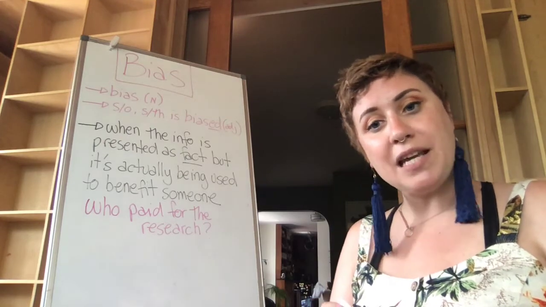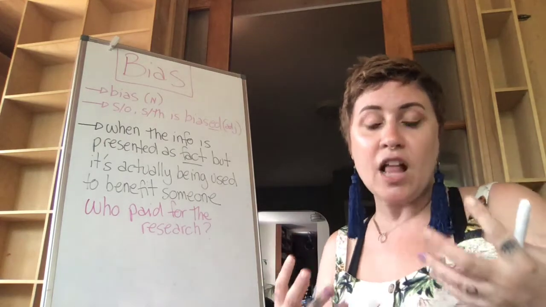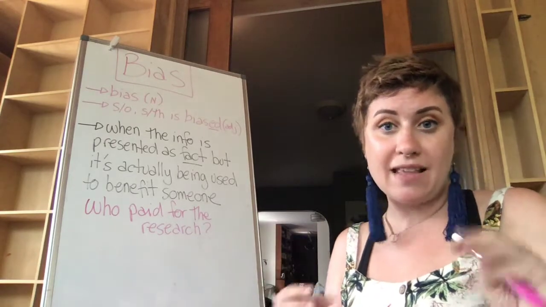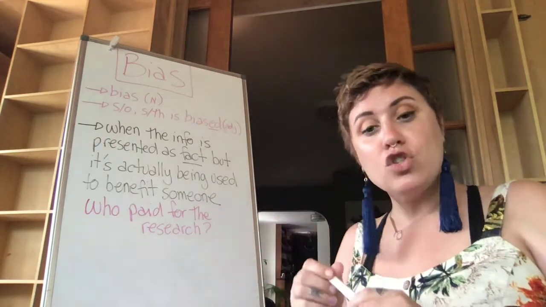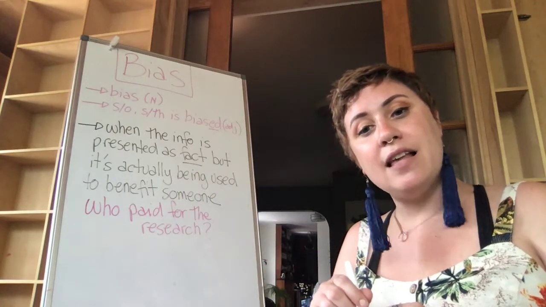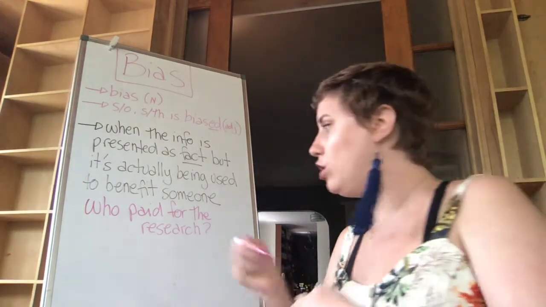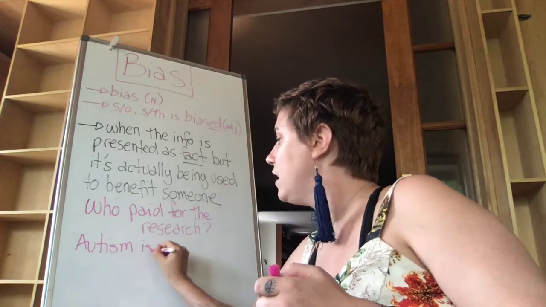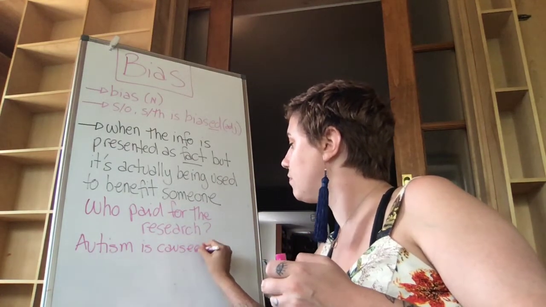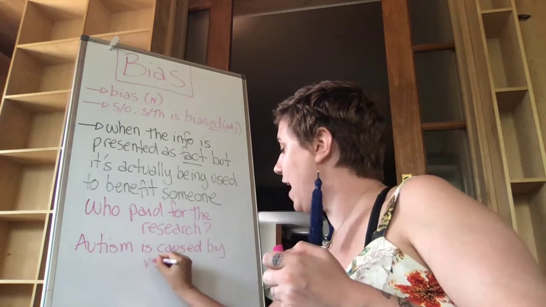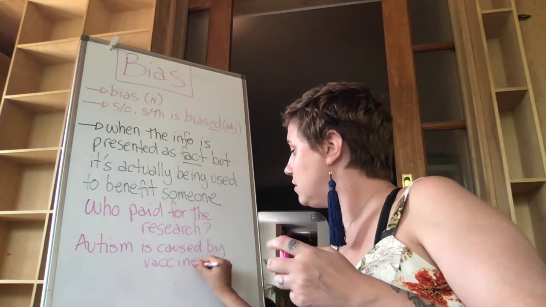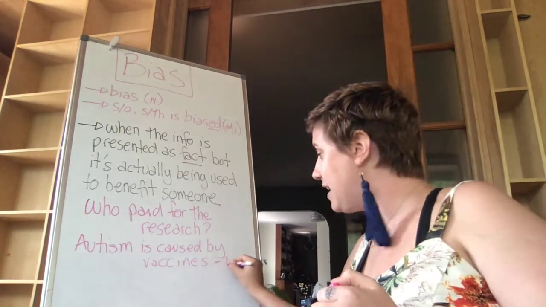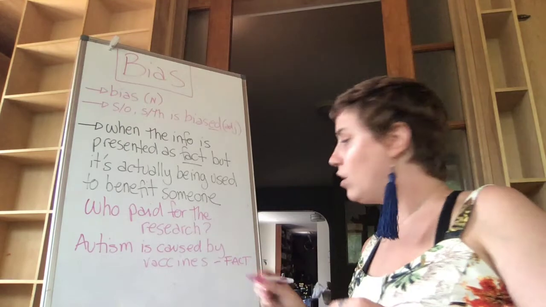Also, you have to be careful of language that shows something as a fact and not as something that is up for discussion. So if you read something that says, for example, autism is caused by vaccines, this information is presented like it is a fact, right?